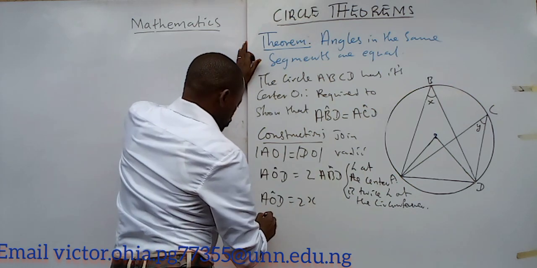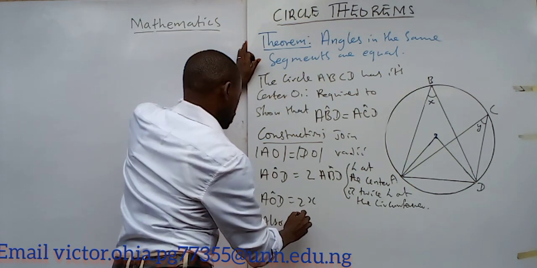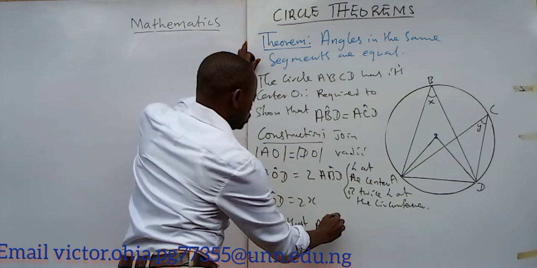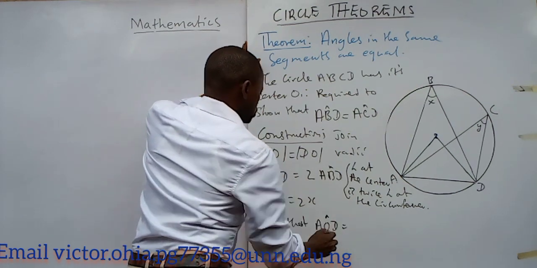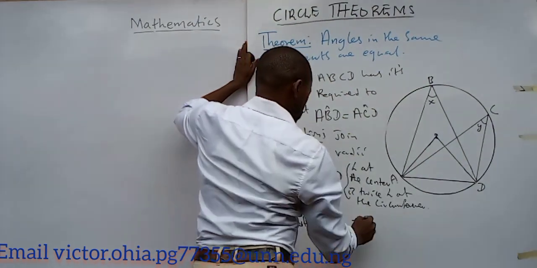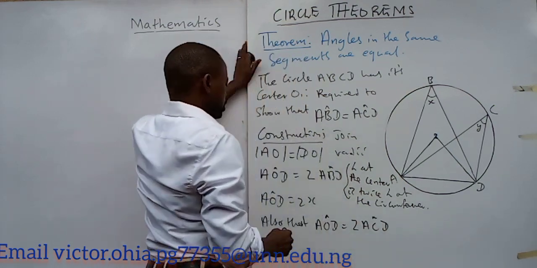We will also see that this same AOD at the center is also equal to 2 times ACD, 2 times that angle.